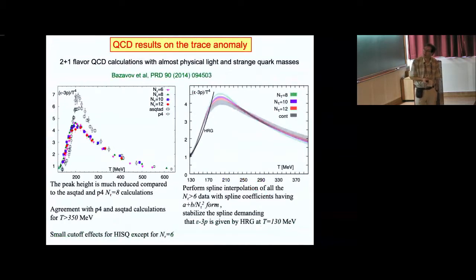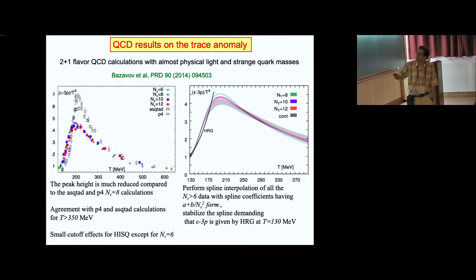Now, if you put everything together, you could essentially get lattice results for the trace anomaly at different lattice spacing, for different tau. And here I show the calculation done with different actions and different lattice spacings. So the colored symbols are the contemporary results using the highly improved staggered quark, the HISQ quark action.